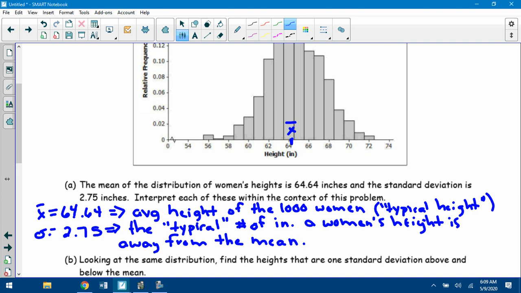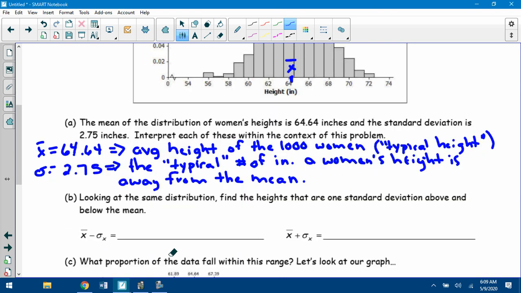Now, what does that mean? If I want to find what those heights are, what I just did in the warm-up, I do one standard deviation above and one below. I would take 64.64 minus 2.75, and I would do 64.64 plus 2.75.